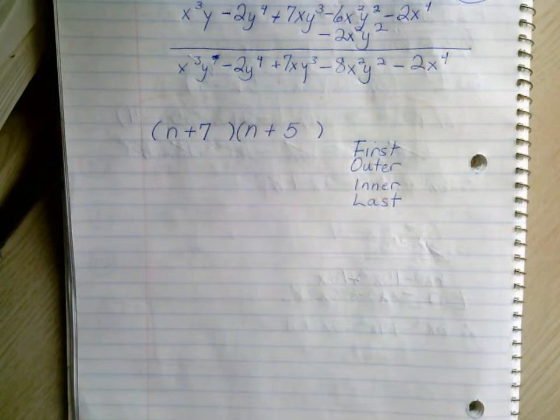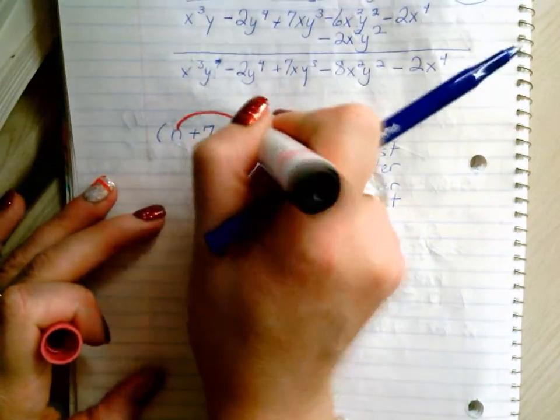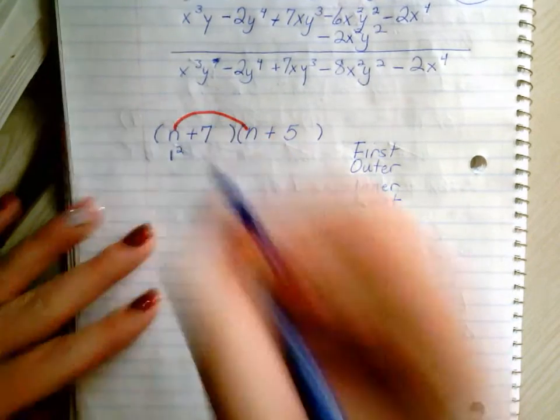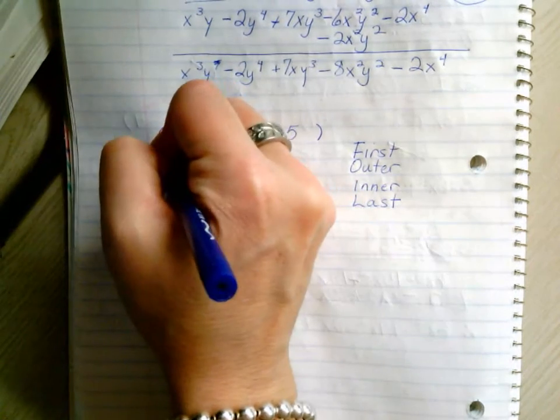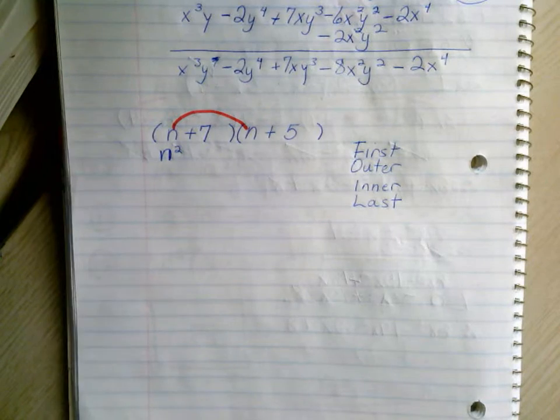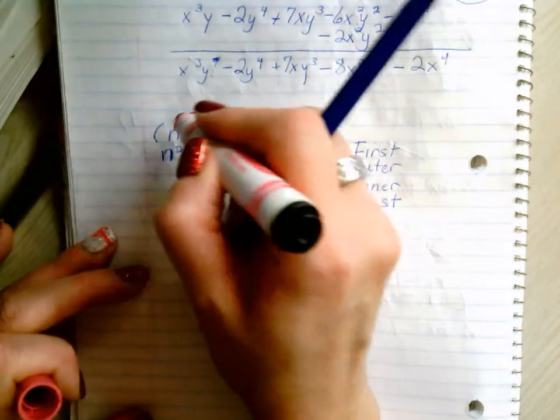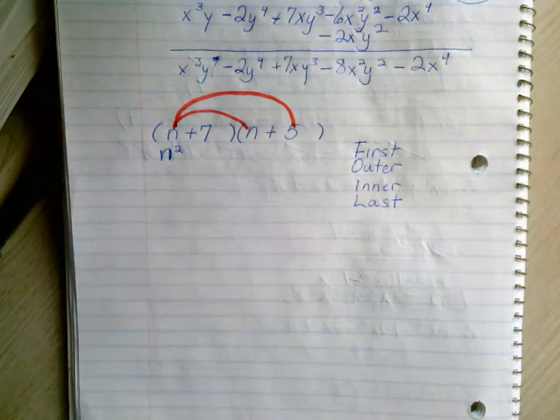Okay? If you multiply the first 2 terms, it's n times n, which is n squared, right? N squared. If you multiply the outer 2 terms, that's n and 5. Those are the terms on the outside, okay, from each other.